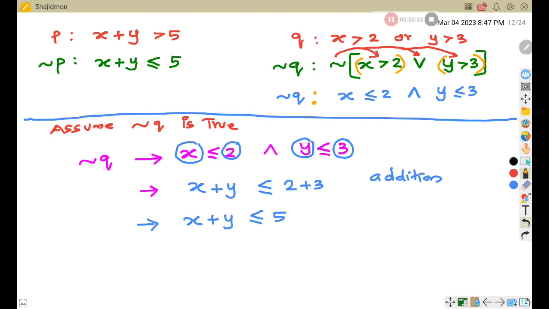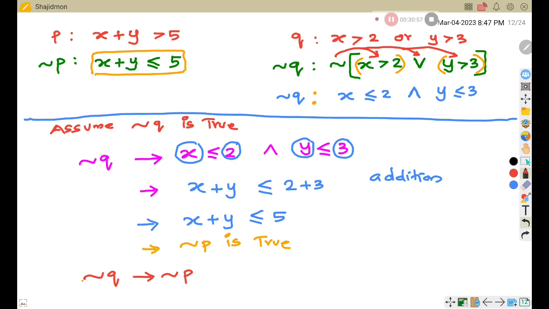So if negation of q is true, this is also true. X plus y less than or equal to 5, what is that? Negation p, correct? That means negation p is also true. What did we conclude? We concluded that negation q implies negation p.